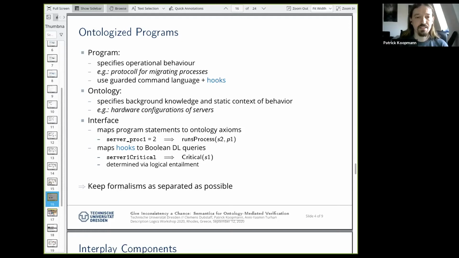This interface maps program statements to ontology axioms, and it also uses so-called hooks that allow the program to query the current knowledge base, or the knowledge base representing the current state. So one goal here was to keep the involved formalisms as separate as possible, so that the model checking expert does not have to learn description logics, and vice versa.